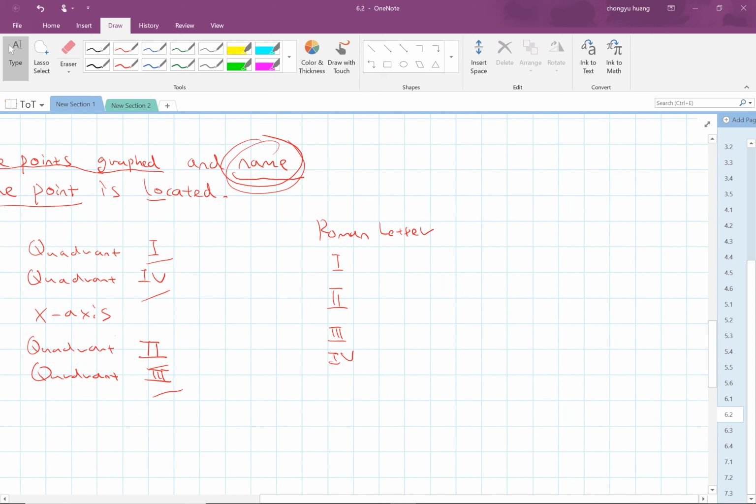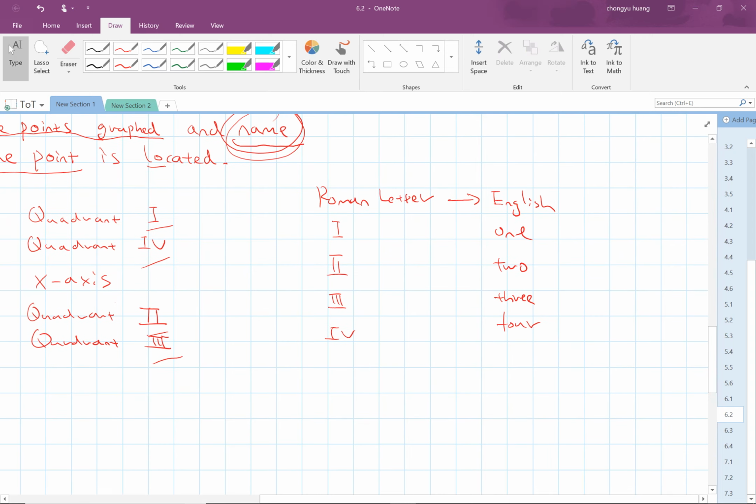If we translate the Roman numerals into English, this represents 1, this represents 2, this represents 3, and this represents 4. Let me rewrite this for the Roman numerals.